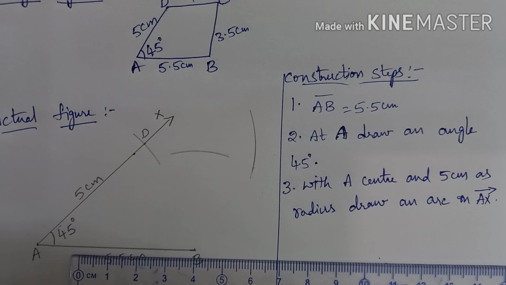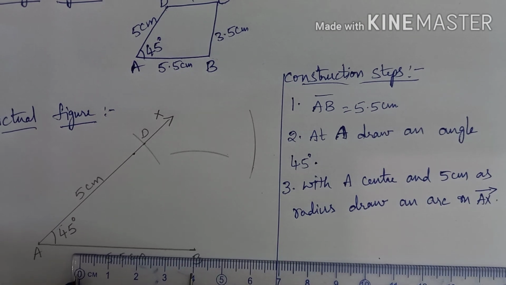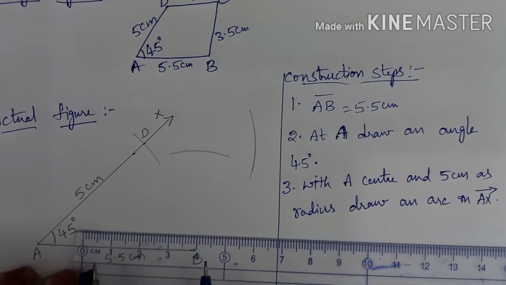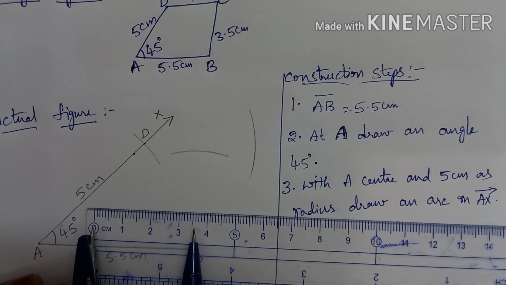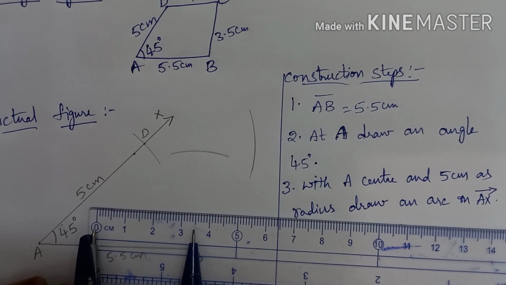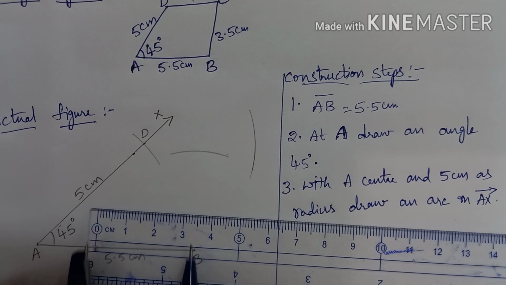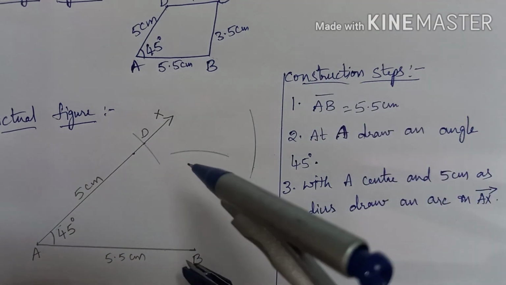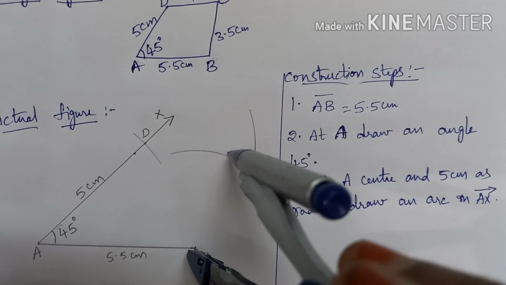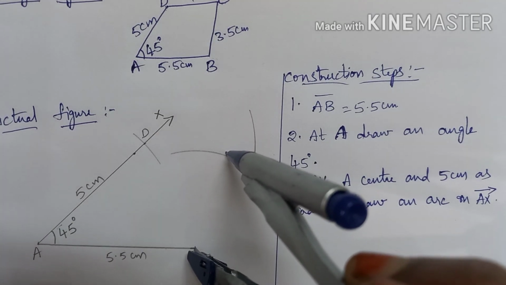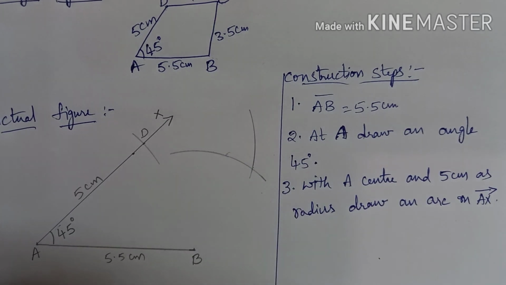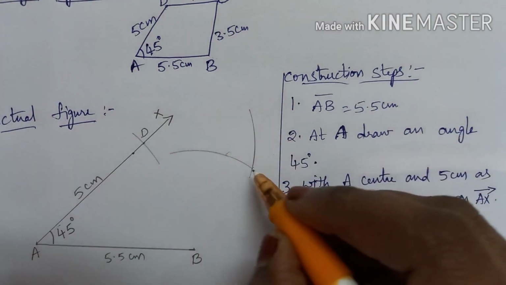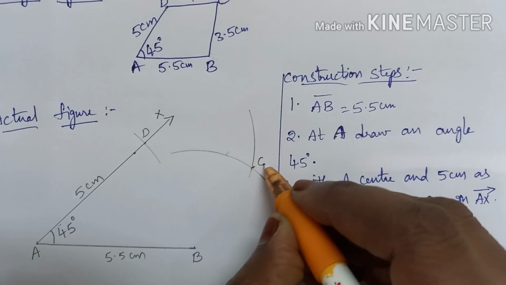So, take 3.5 centimeters as radius and extend the arc. Now, the intersecting point is C.